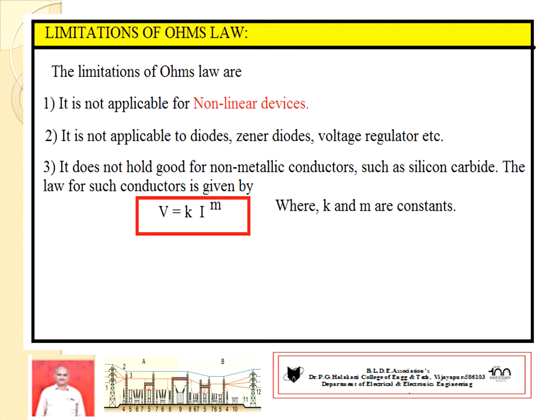Number 3, it does not hold good for non-metallic conductors such as silicon carbide. In this condition, the law for such conductors is given by V equal to K I to the power of M, where K and M are known as constants.